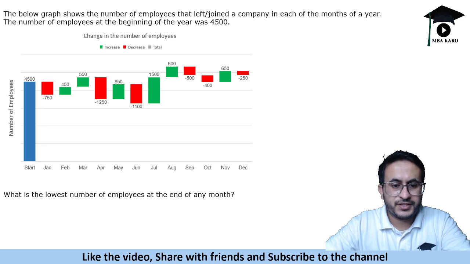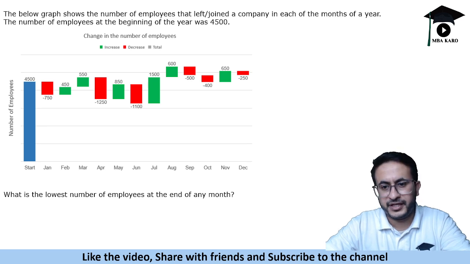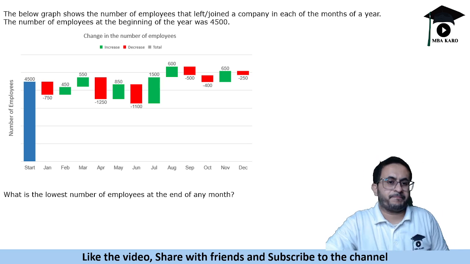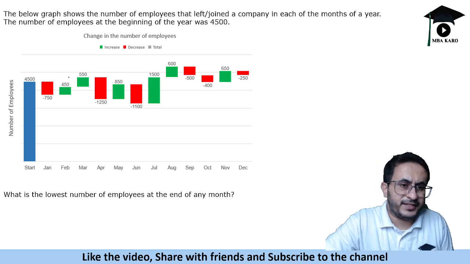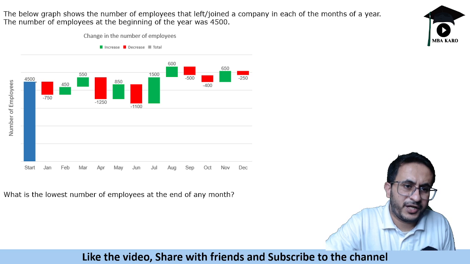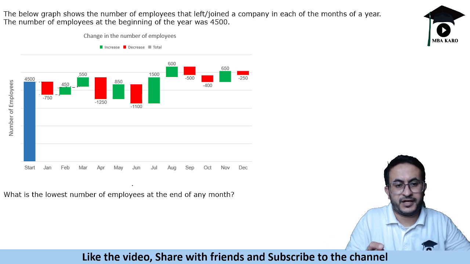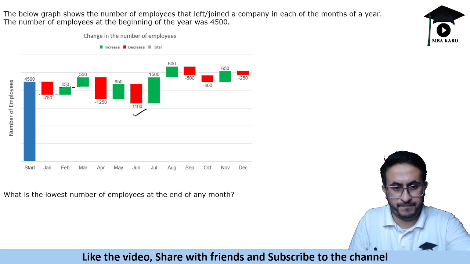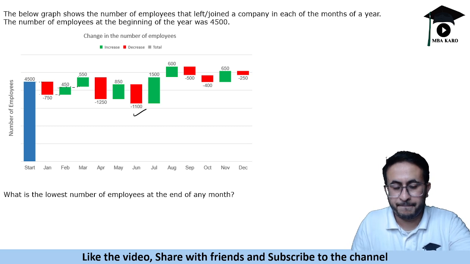What is the lowest number of employees at the end of any month? So we need to find the lowest number that it can reach. Now if you actually see, the graph is going from that point only, like this is 4500 minus 750. It is rising from this point, rising from this point. So if you look at the graph, we know that the lowest is in June, right? Is at the end of June.